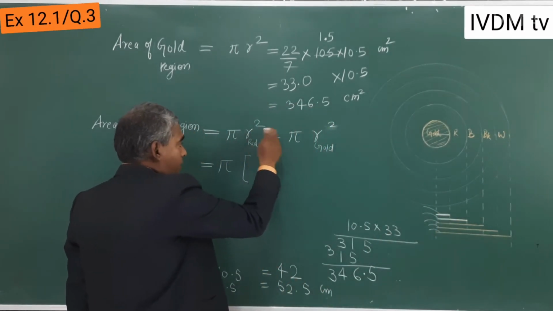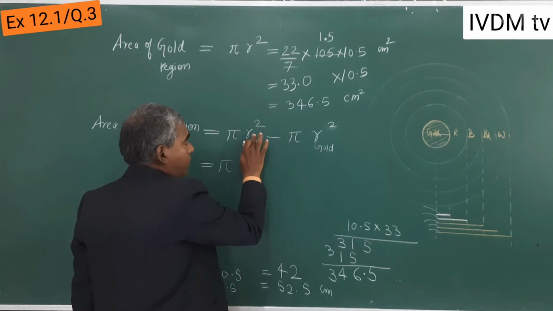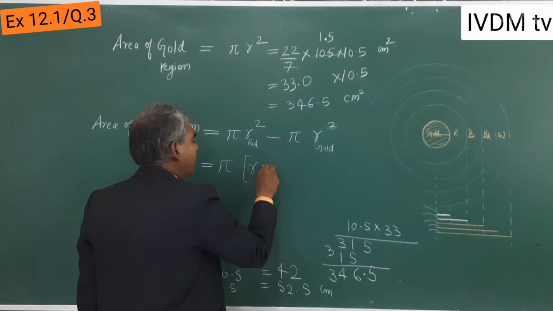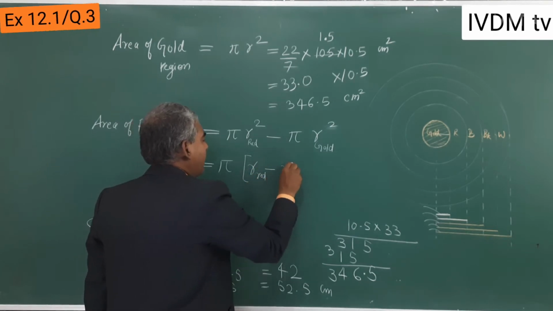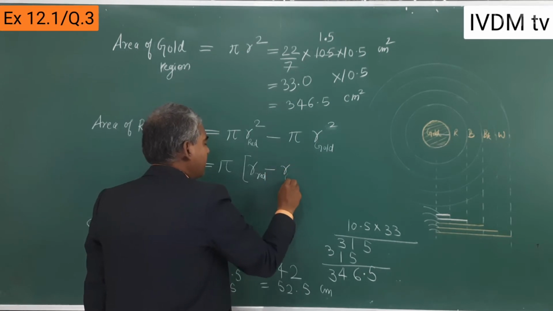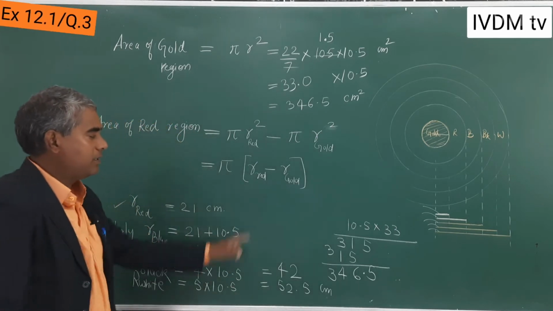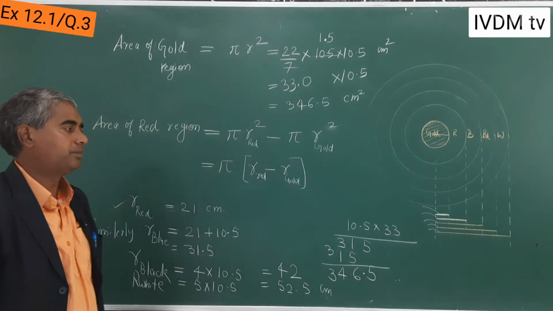So r square minus r square, you may use a square minus b square, so it will be easy for you. r red minus r gold times r red plus r gold. Or you may write r1, r2 also.